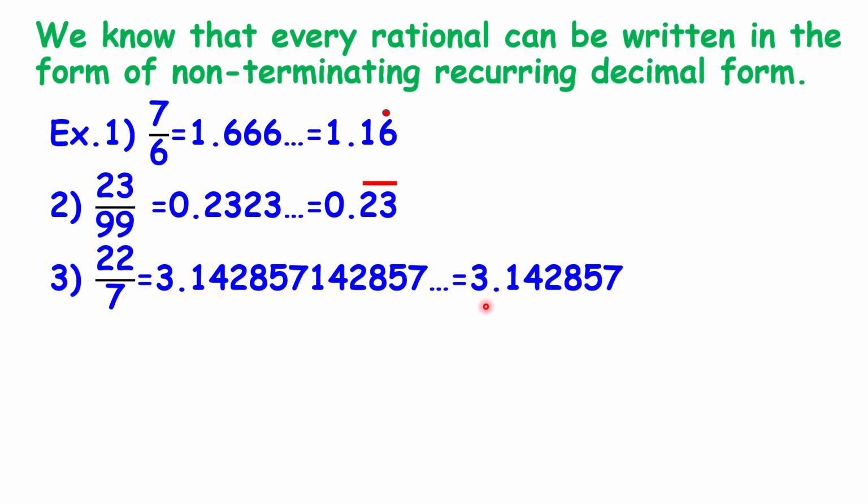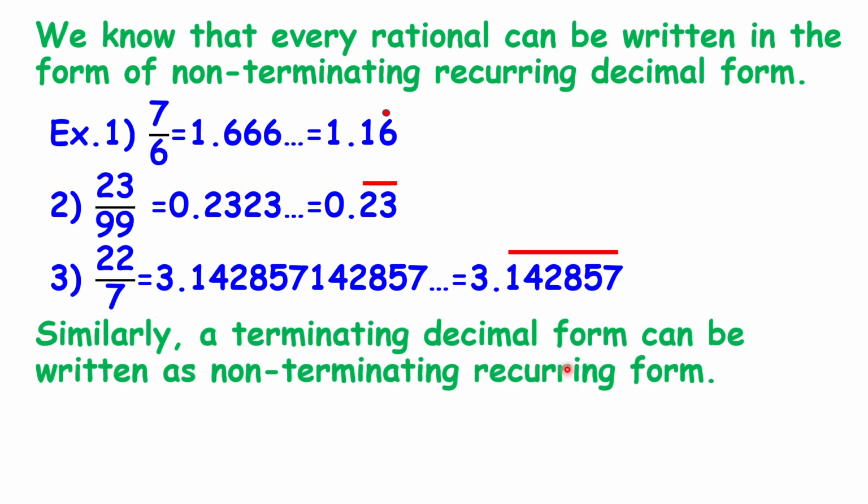So the non-terminating recurring decimal is written in this form: 3.142857 with a bar. Which numbers are repeated? 142857. So the answer is 3.142857 with a bar.